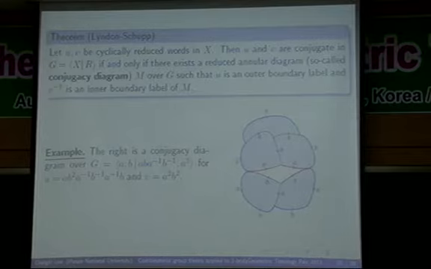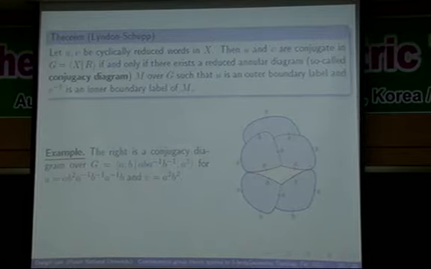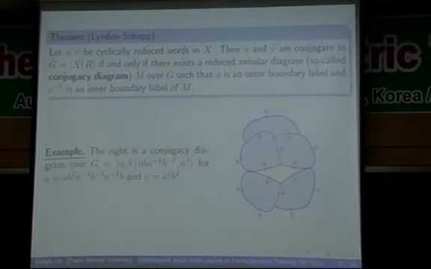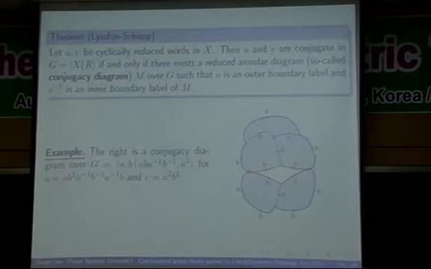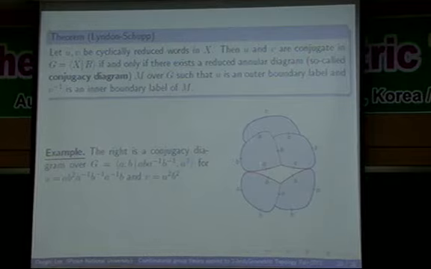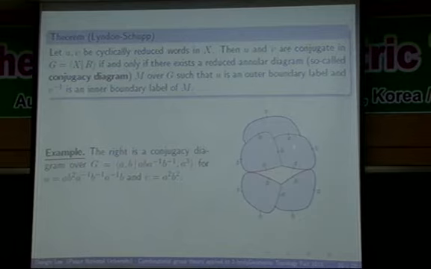For the outer boundary label, AB square, well, we can start with this point: AB square, A inverse, B inverse, something like that. So the outer boundary label is like this, and the inner boundary label is A, B, A square, and B square. So we have a conjugacy diagram for U and V, which means that these two are conjugate in this group.